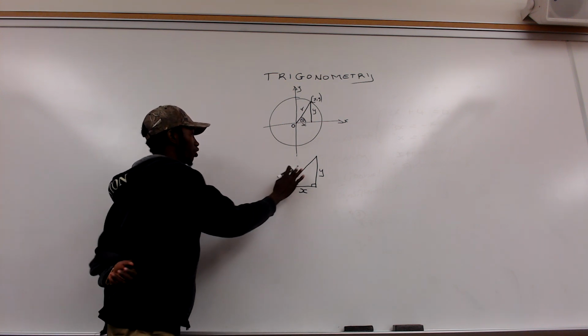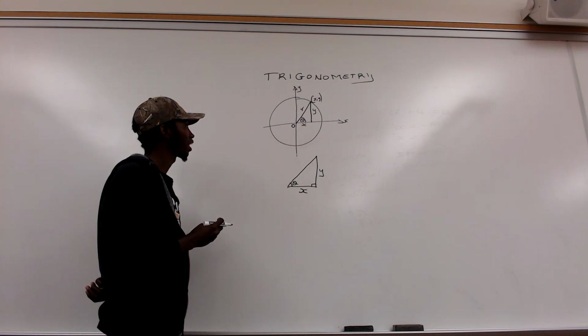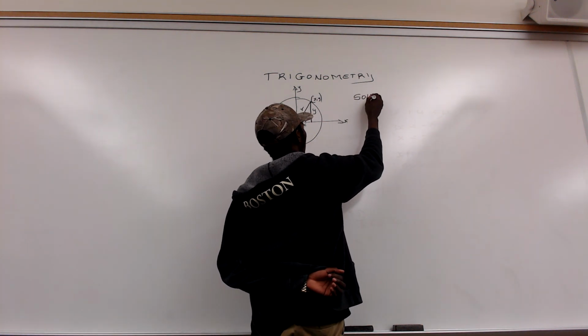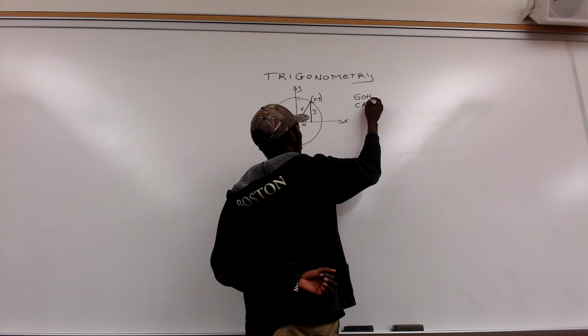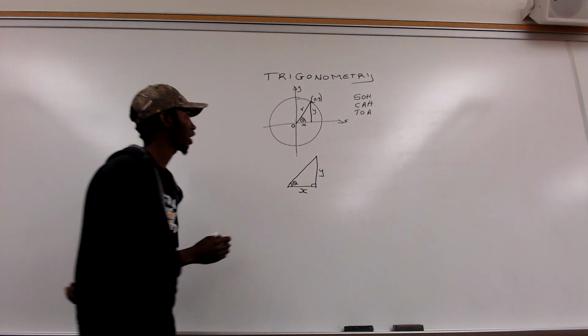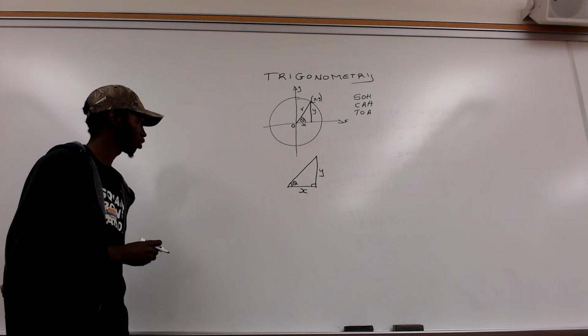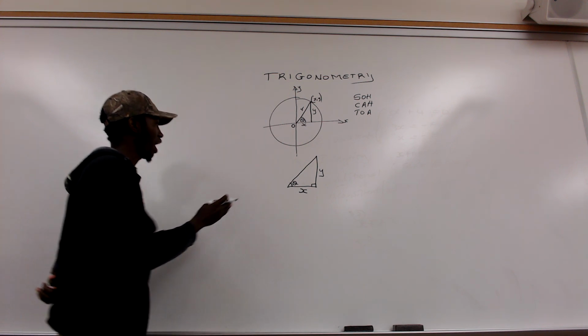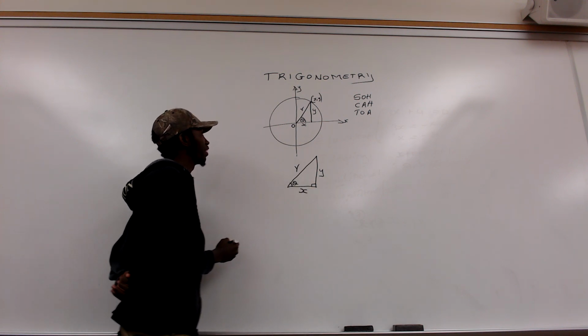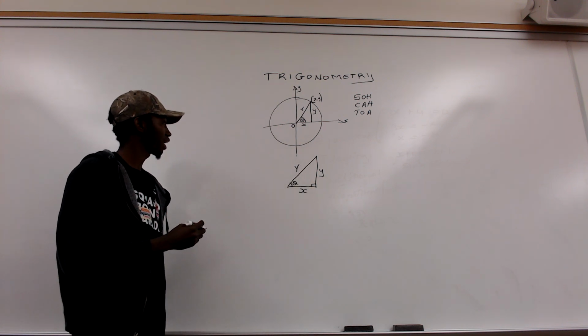In this form, we can consider the acronym SOHCAHTOA. Let's consider this word and how we are able to get the identities under this heading.